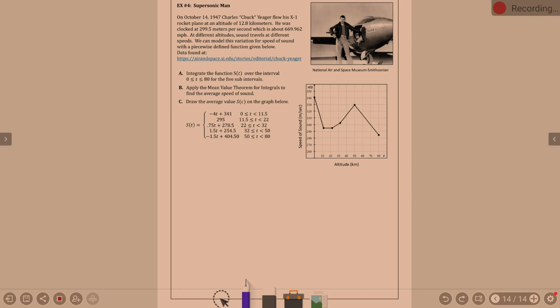And the data link is even there for whatever reason. Okay, A. A says to integrate the function s of t over the interval 0 to 80 for the first 5 subintervals. We need to make sure that's right. We need to go to the link and check it out.